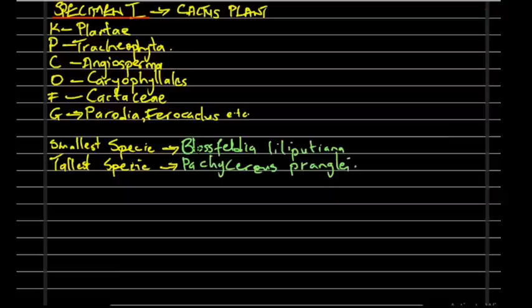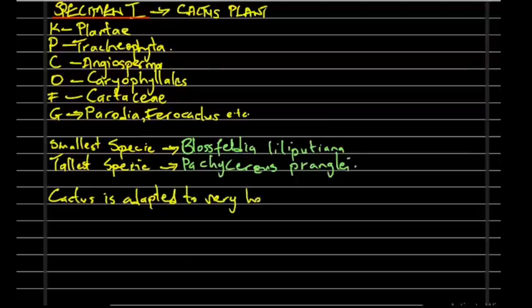So this plant is adapted to hot, dry climates. Cactus is adapted to very hot and dry climates because they are xerophytes.